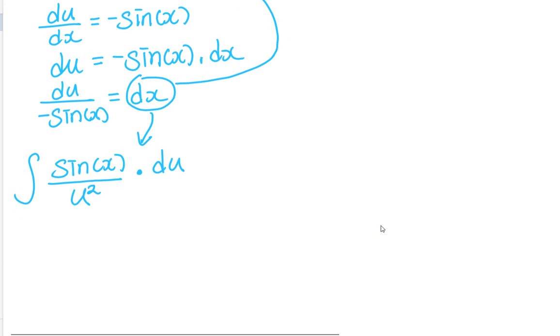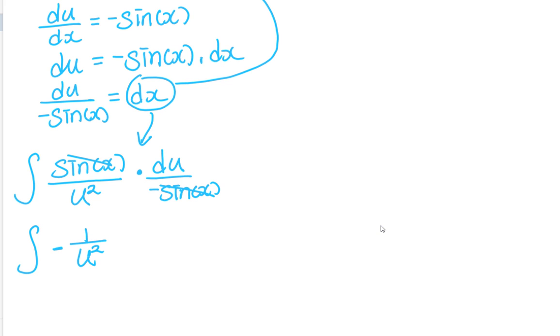And then we just put a negative sine x over here. Now the whole purpose of this is to cancel out the sine x. You can see that you can do it like that, because they're multiplied, and you can cancel like that. And that will leave us with negative, remember the negative is still here, 1 over u squared du.